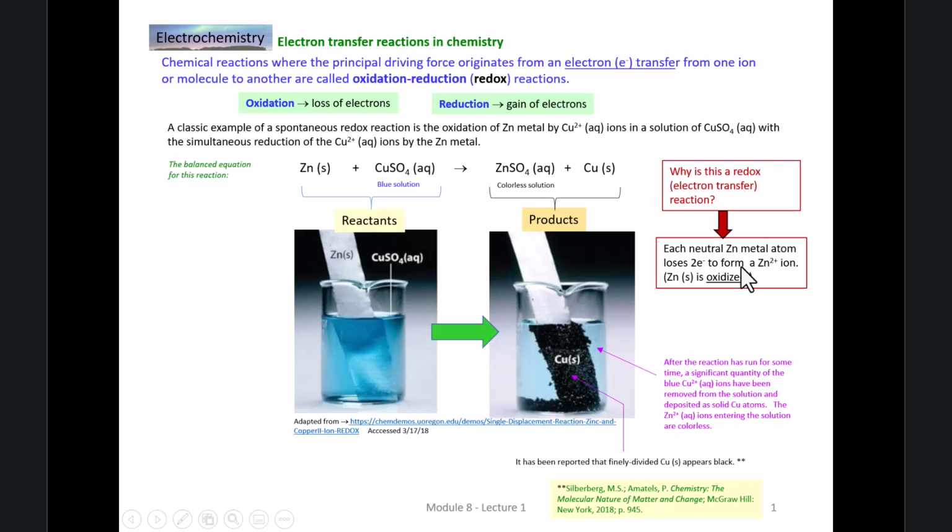So each zinc metal atom has lost 2 electrons to form zinc 2+ ions. So in other words, the zinc metal is oxidized, and the copper 2+ ions that used to be giving this solution the blue color have been reduced to copper metal atoms. Each copper 2+ ion has gained 2 electrons to form copper metal.